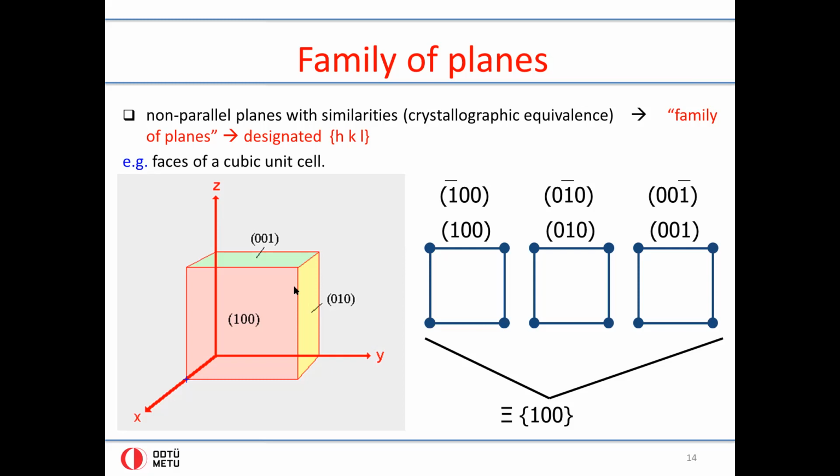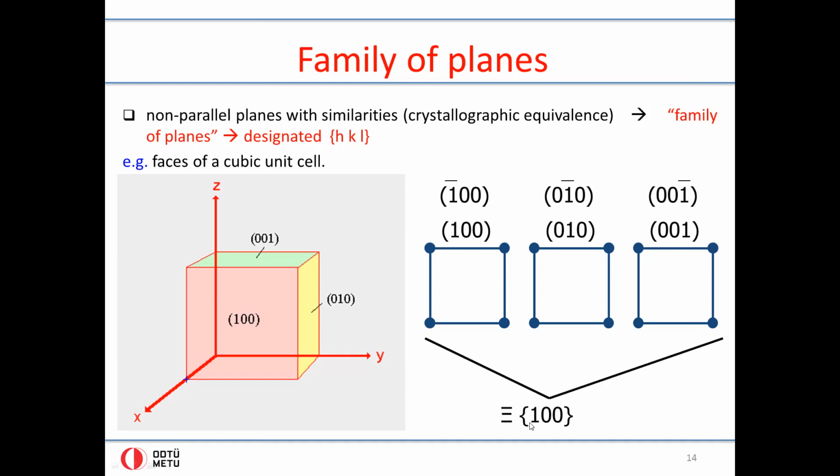And here you see three different planes: the 0, 0, 1 plane, the 0, 1, 0 plane, and the 1, 0, 0 plane. And their negatives, or the planes that are similar to them but have a negative index inside them, also tend to be equivalent.